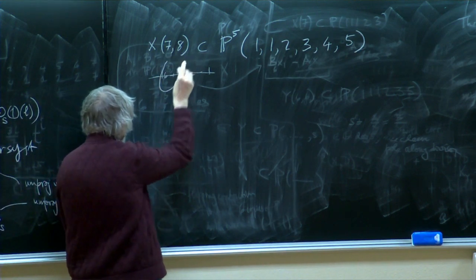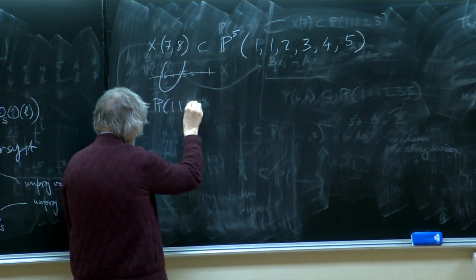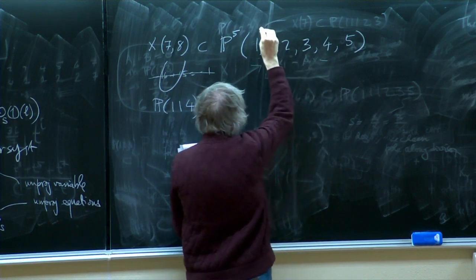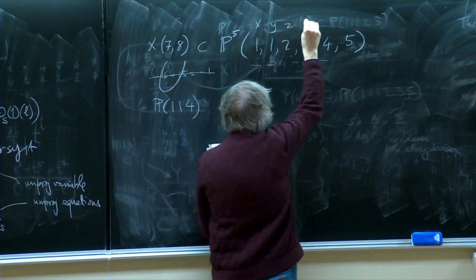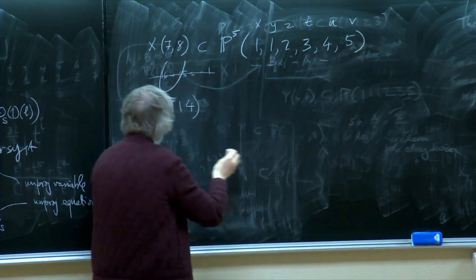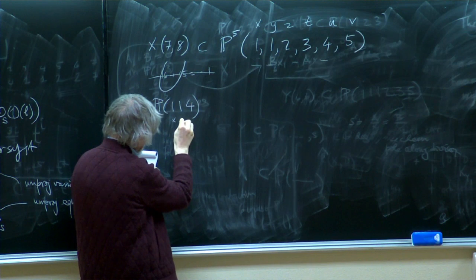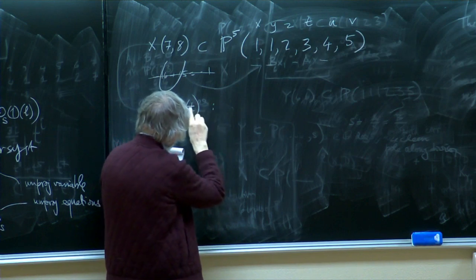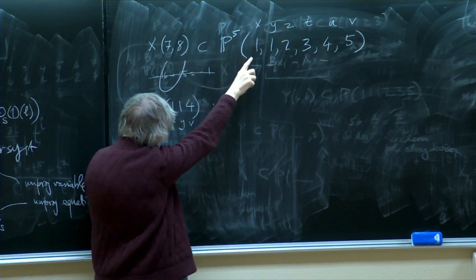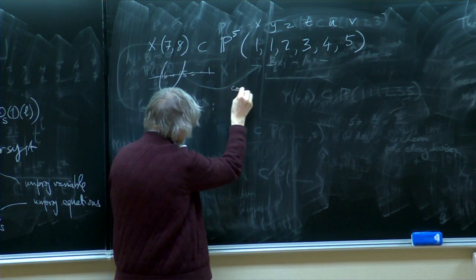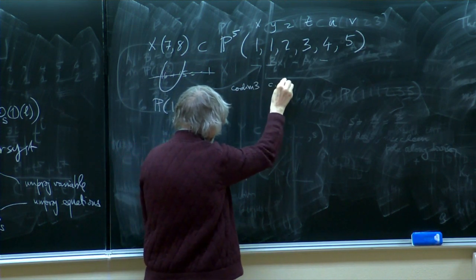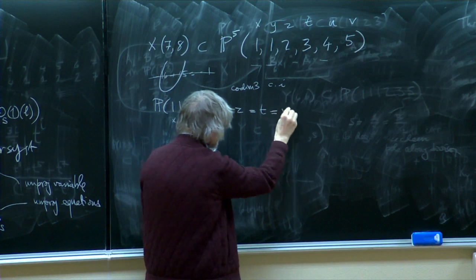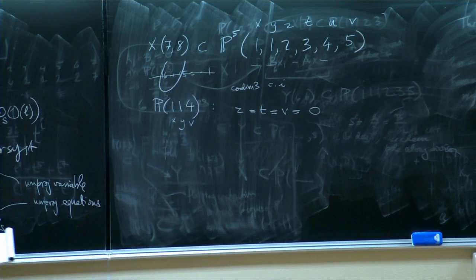I want this to contain P of 1, 1, 4. Let me write the coordinates X, Y, Z, T, U, V. This is P114 with coordinates X, Y, and V. And so inside this P5, this is the codimension 3 complete intersection given by Z equals T equals U equals 0.